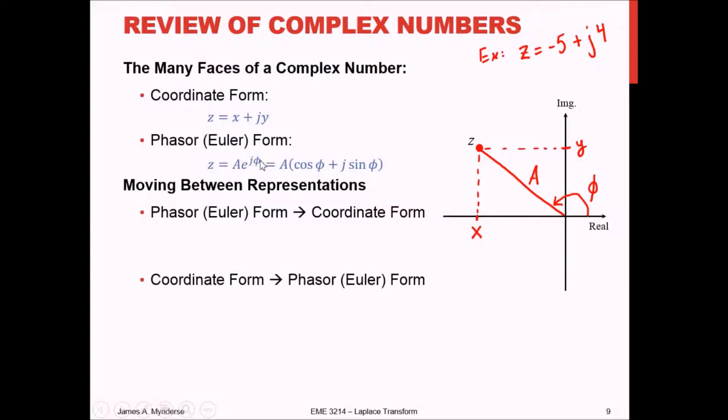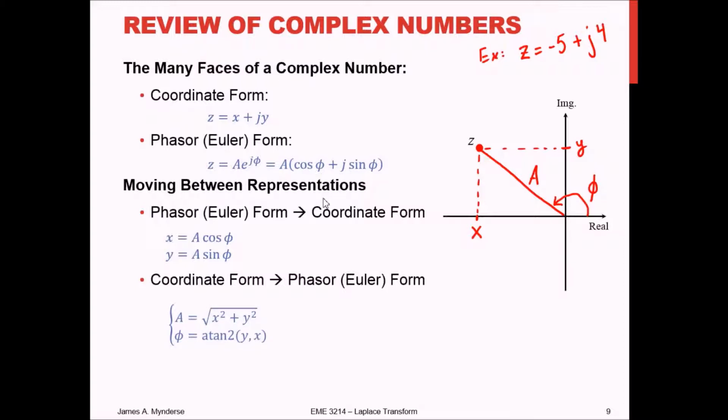Euler's formula tells you that e to the j phi is equal to cosine of phi plus j times sine of phi. So how do you convert between these two? Like this. For x and y, do a little trigonometry: x is equal to A cosine phi, y is equal to A sine phi.